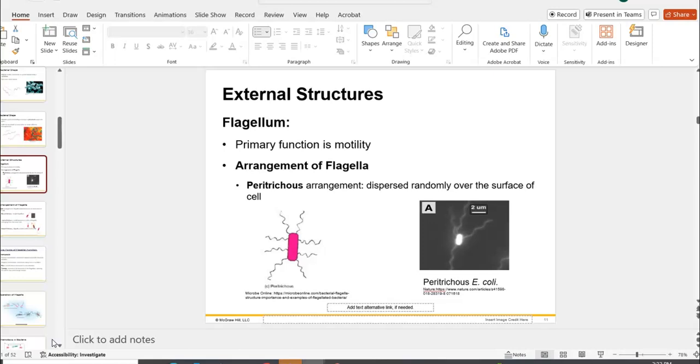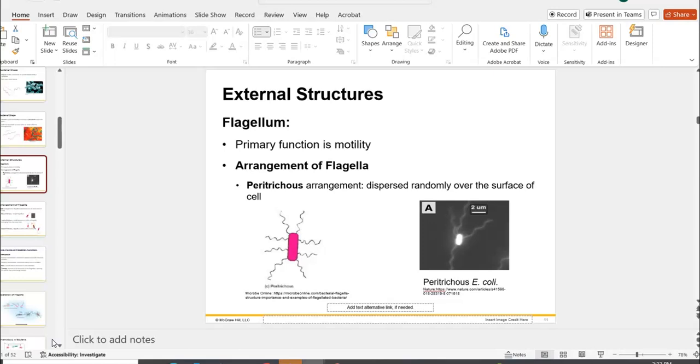And they are basically kind of like a rotary propeller that spins. And it's made up of a rod, and there are what are called ring-like structures or basal bodies that are basically embedded in the cell wall. So it's a filament-like structure that's kind of anchored in the cell wall and then extends outward from the cell, and the bacteria use it to move around, kind of propel themselves within their environment.